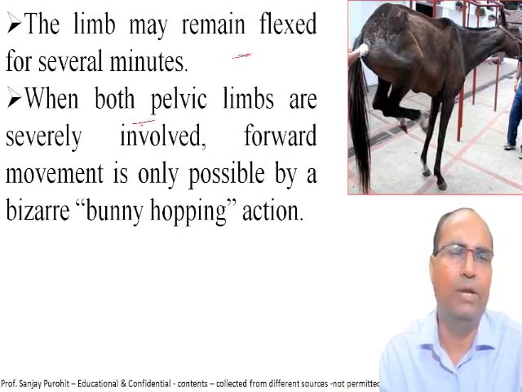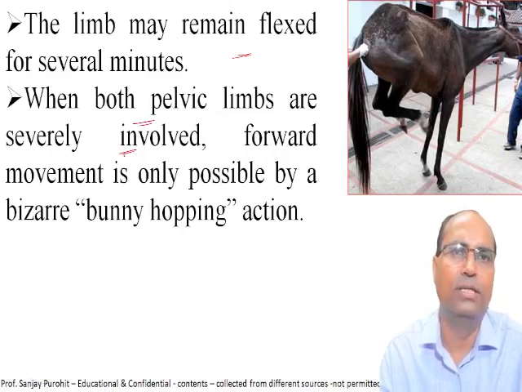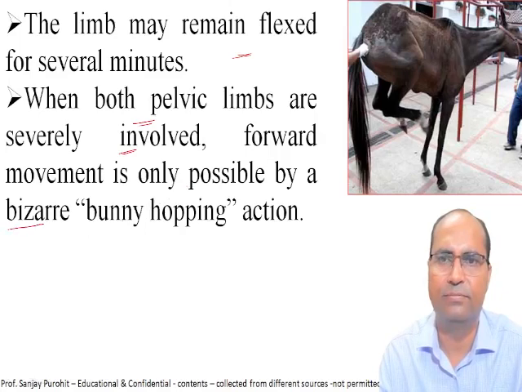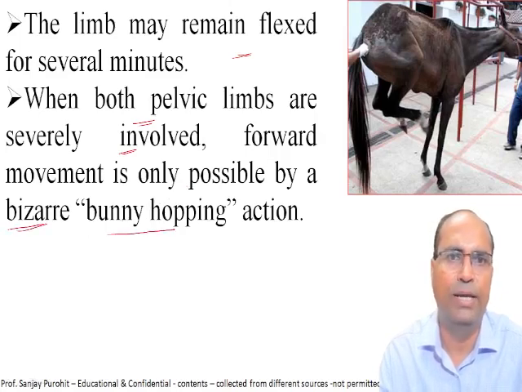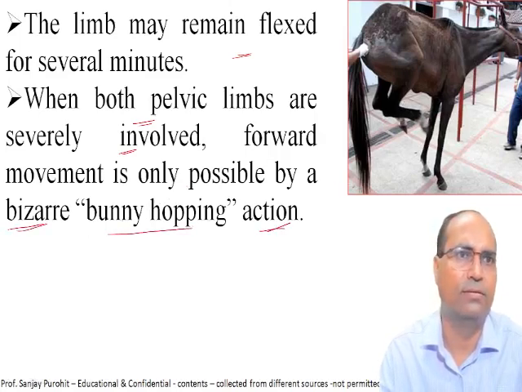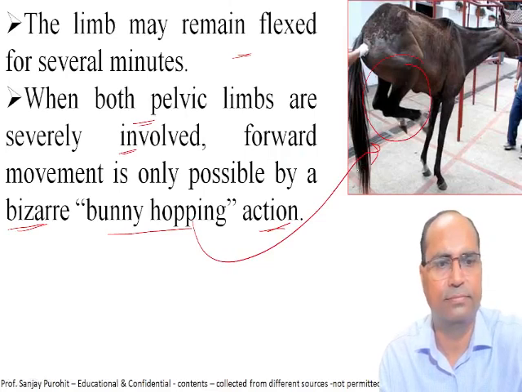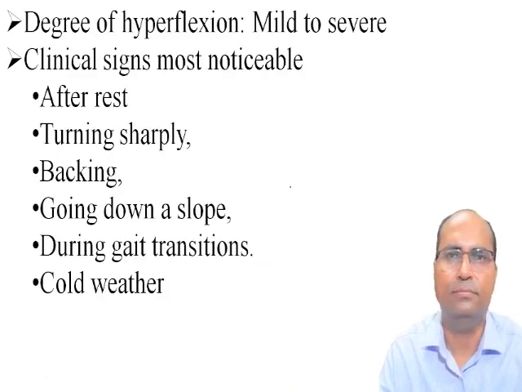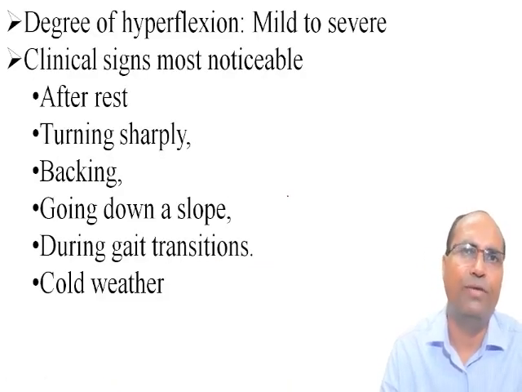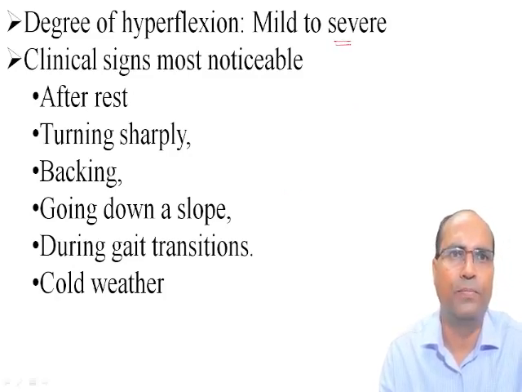When both pelvic limbs are severely involved, forward movement is only possible by a bizarre bunny hopping action, like this. The degree of hyperflexion may vary from mild to severe.